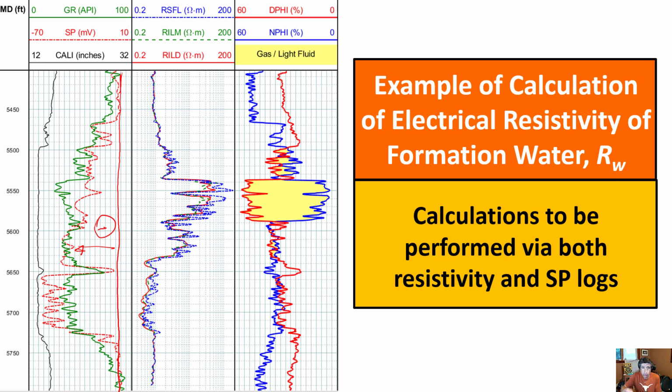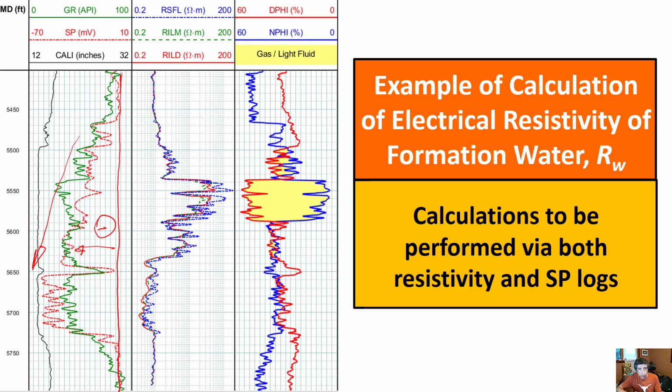Also, we observe that the deflection of the SP increases as we go down toward the water section of the well. And those deflections are increasing for two reasons. One is that the volumetric concentration of shale is decreasing as we go down, and that is indicated by the gamma ray log.